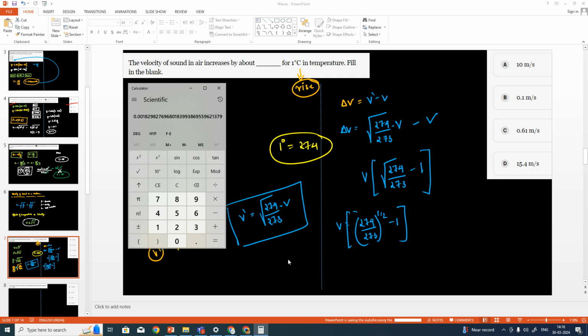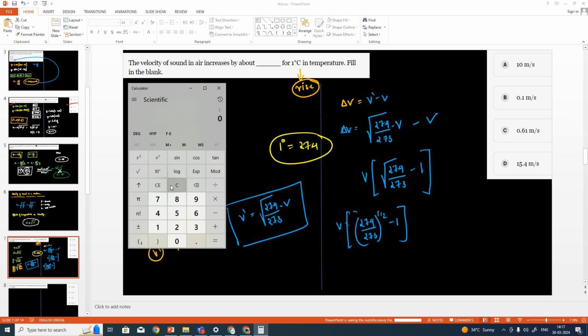274 over 273 under the square root, minus 1. Shall I do it again over here? I will cancel all of this. So it is square root of, I will open up the bracket.